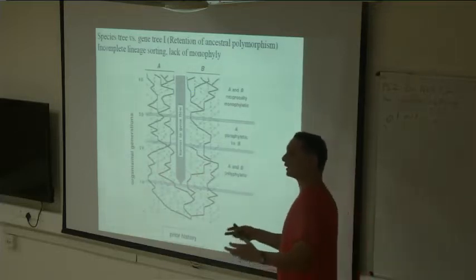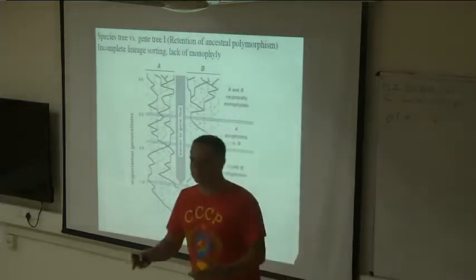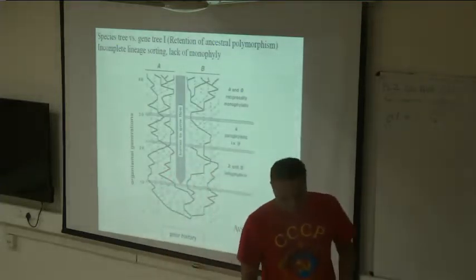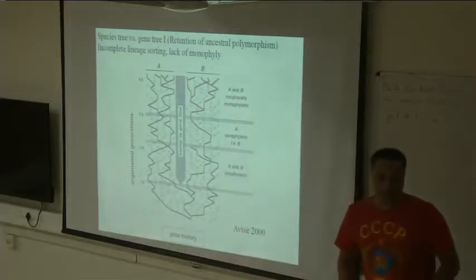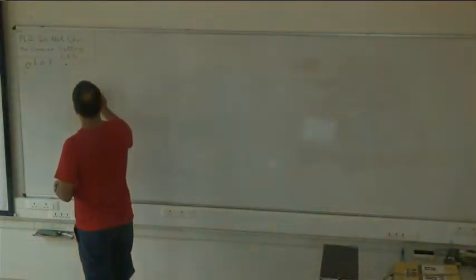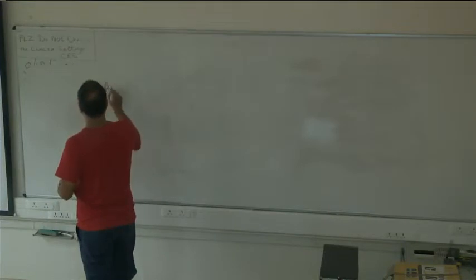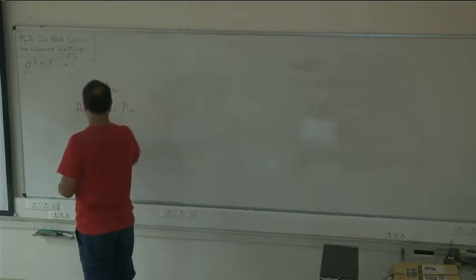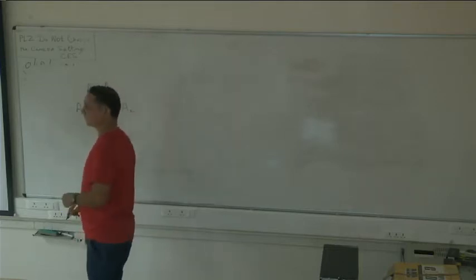So if you think about, say, 2 alleles in a population, at a particular locus, let's say there are 2 alleles A1 and A2 in a population, and so on, right?